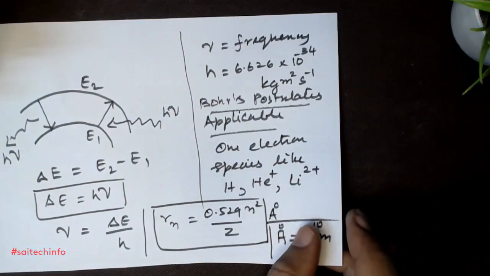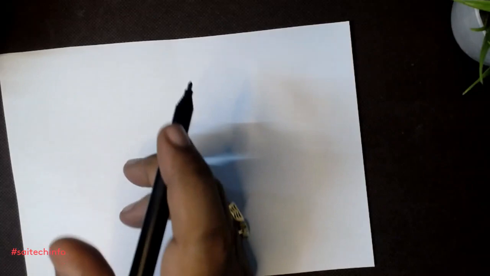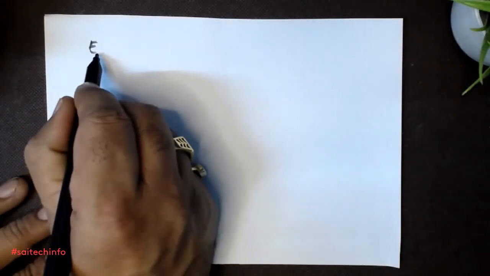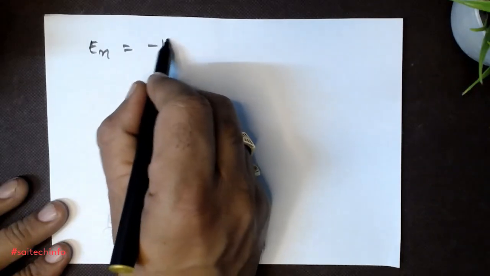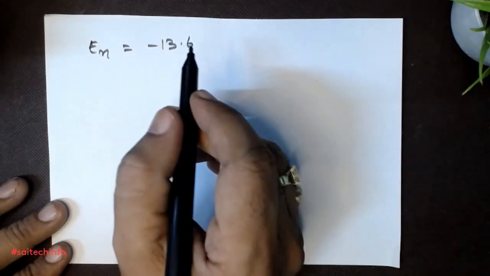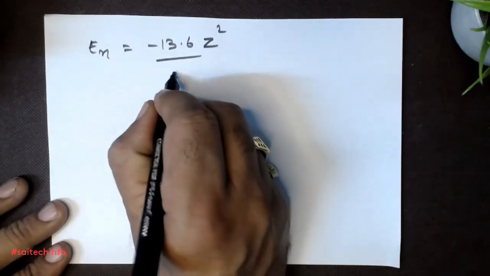So the energy is given as, that is the energy of an electron revolving in the nth orbit.